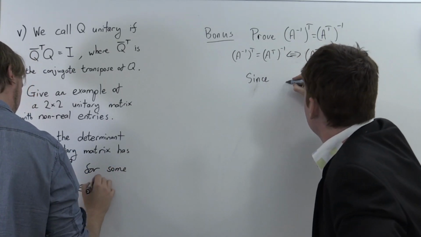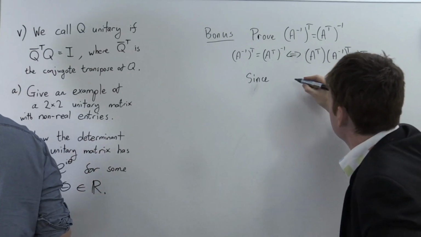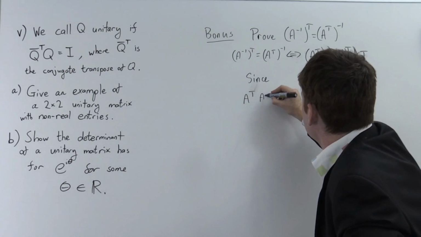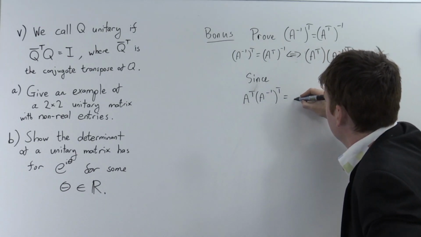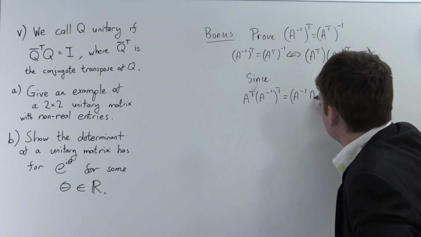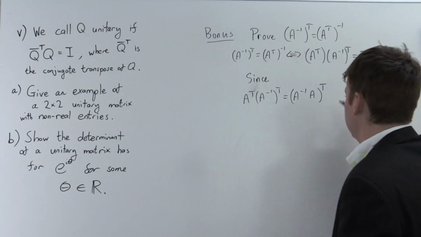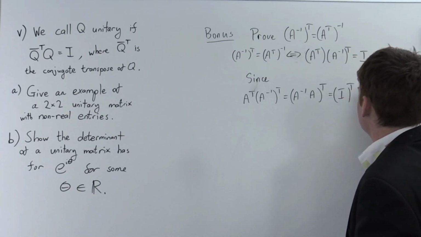A transpose times A inverse transpose is equal to A inverse times A transpose, all transposed. Remember, transposing swaps the order of the multiplication. That is equal to the identity matrix transpose, which is equal to I.